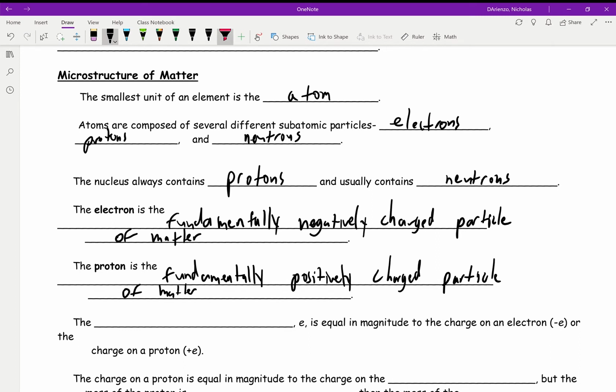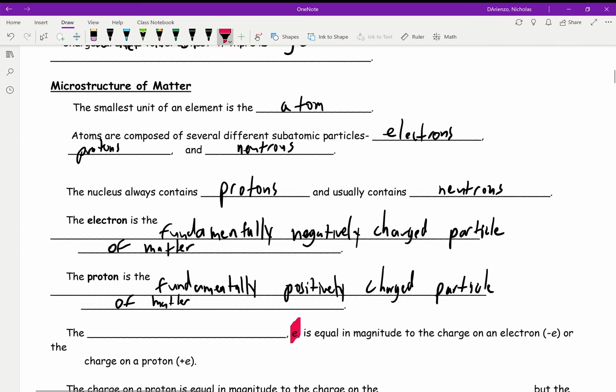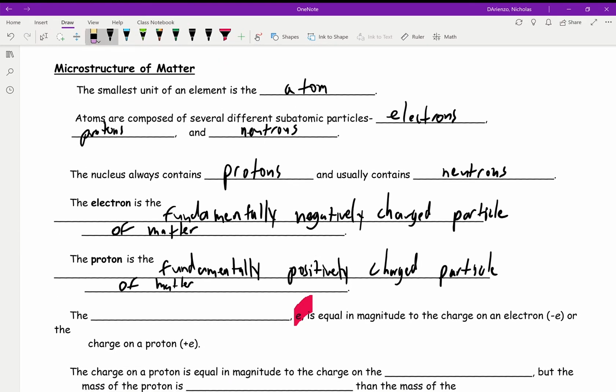Now we're going to talk about a new variable here, which is a lowercase e. And the lowercase e is going to represent an elementary charge. The important part is that it doesn't have to do with mass, but it has to do with charge.